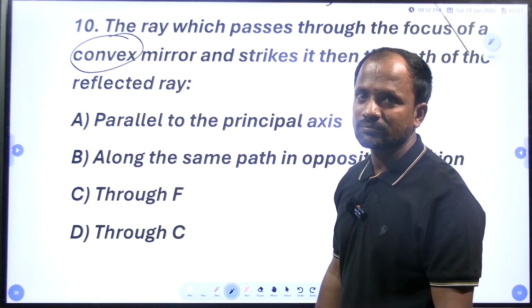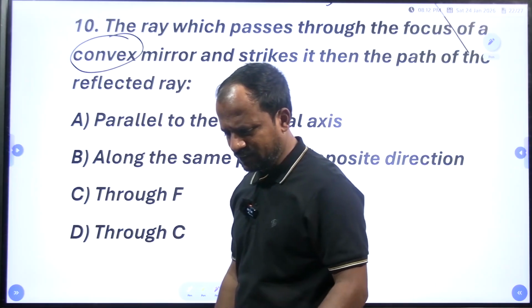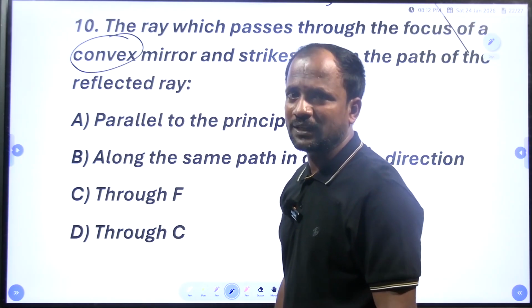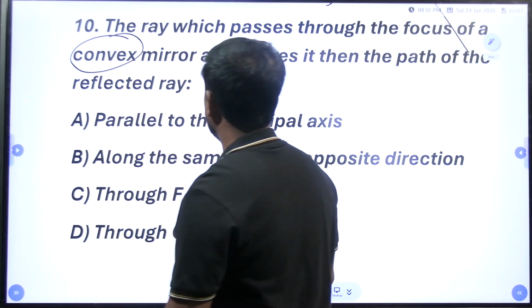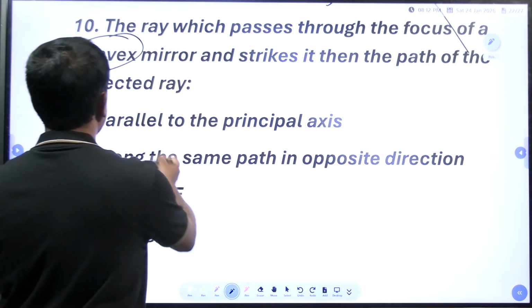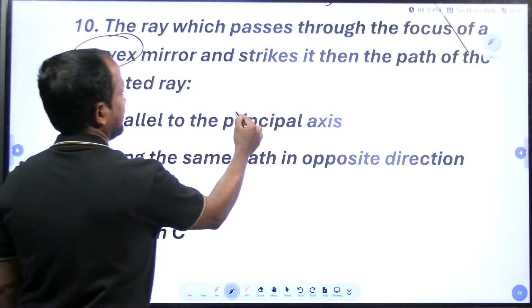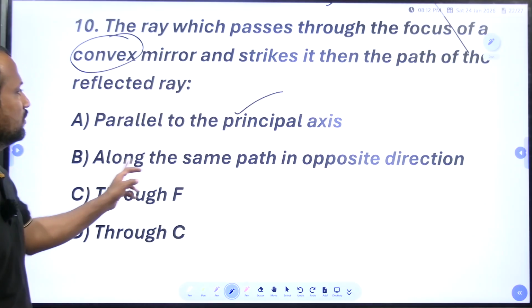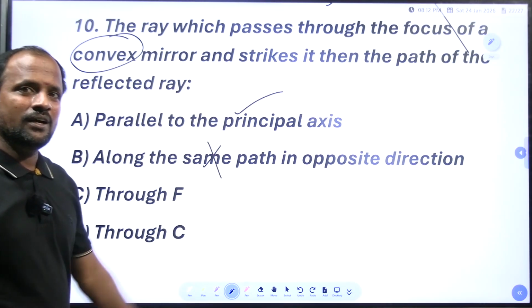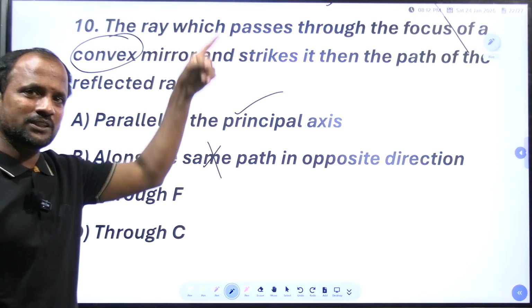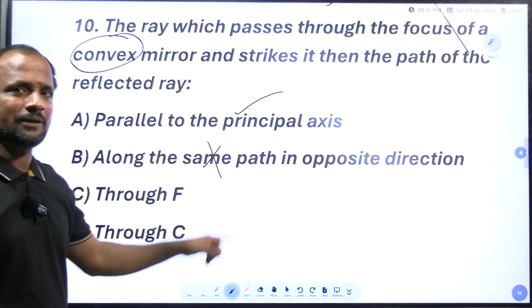After reflection, the reflected ray passes parallel to the principal axis. The first option is the correct answer. Along the same path? No. When would it be along the same path? If the ray appears to pass through the center of curvature on the principal axis.